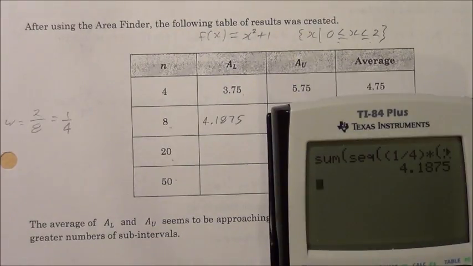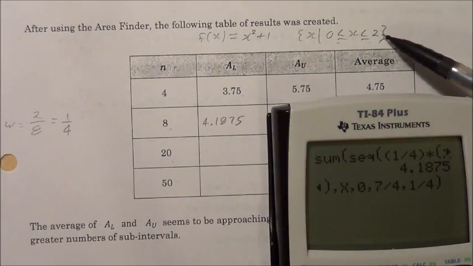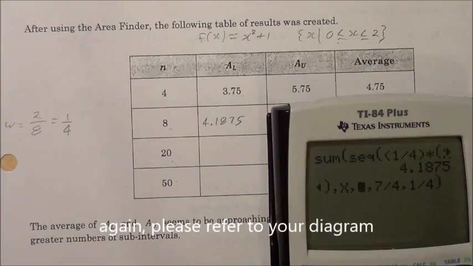Now we want to find the sum of the upper areas. I'll press second enter, which brings me back into this calculation. Instead of going from 0 to 7/4, I'm going to start at 1/4, because now we're using the right edge of these rectangles, lining up the upper right vertex of each rectangle with the curve, which means these are upper rectangles.